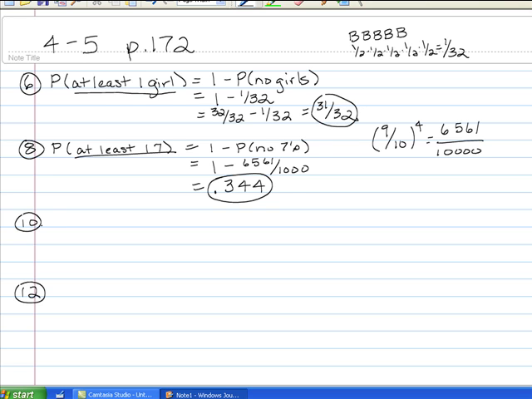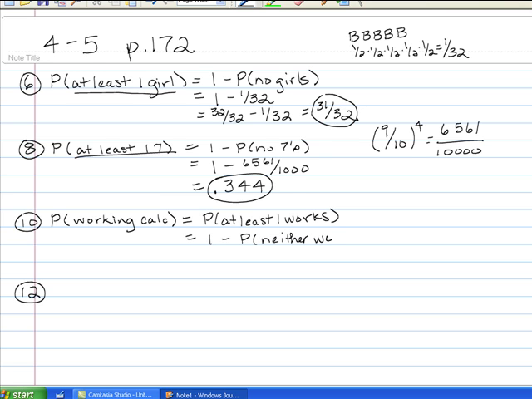Alright, so it looks like we're working on just a regular problem here. We don't have to worry about the complement. We want the probability she'll have a working calculator. So that's the probability at least one works, and that would be 1 minus the probability that neither works, so none of them work.